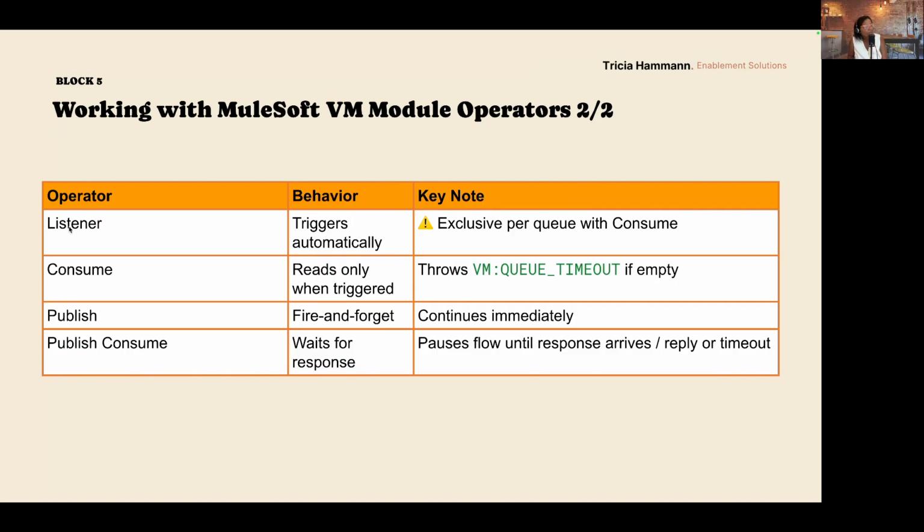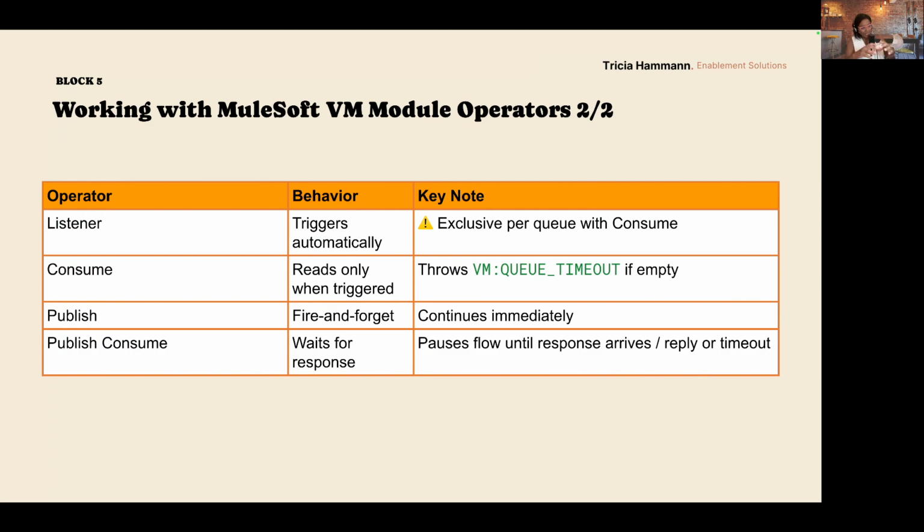So first of all, the VM listener. The behavior, it triggers automatically. It triggers the flow execution where you are working with it. And very important, it is exclusive per queue with consume. Okay, exclusive per queue with consume. What is the meaning of it?